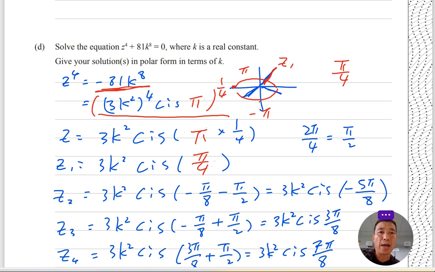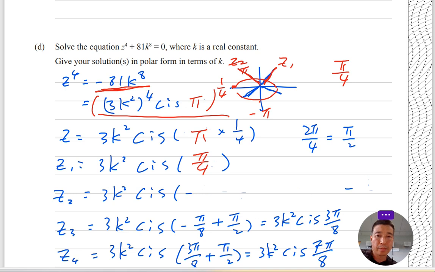Z2 must be, I add pi over 4 much on that. Z2 is 3k squared CIS, so pi over 4, and then I add pi over 4.